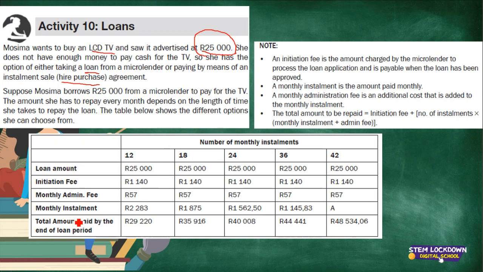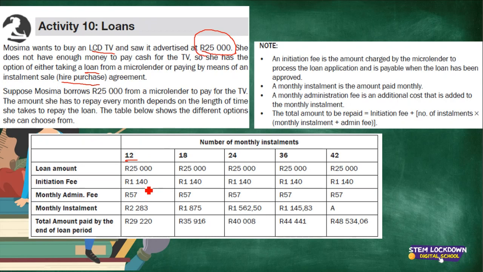But now here is where it changes. The monthly installments, if she takes the loan over 12 months, she will have to pay an initial fee of that amount, right?